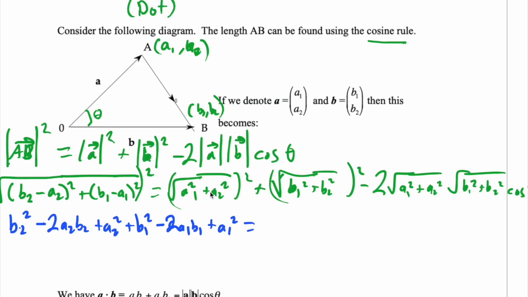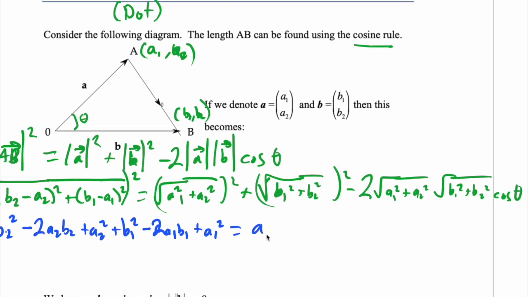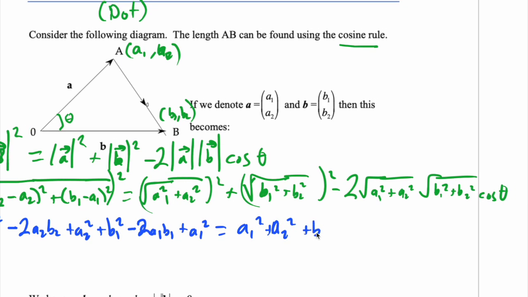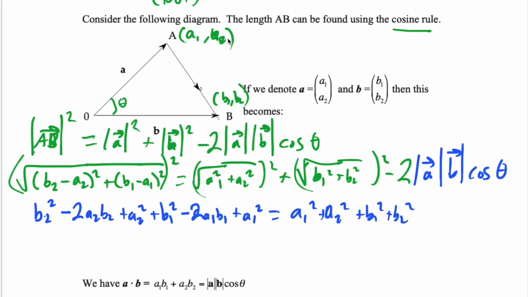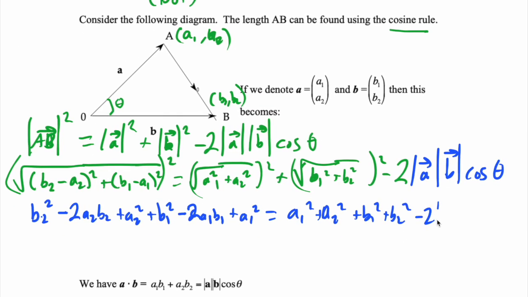And on the right hand side of the equation, we get a1 squared plus a2 squared plus b1 squared plus b2 squared. And over here, actually I don't need to simplify that because I want that. So let me just back up and keep it like that: magnitude of A, magnitude of B, cosine theta.